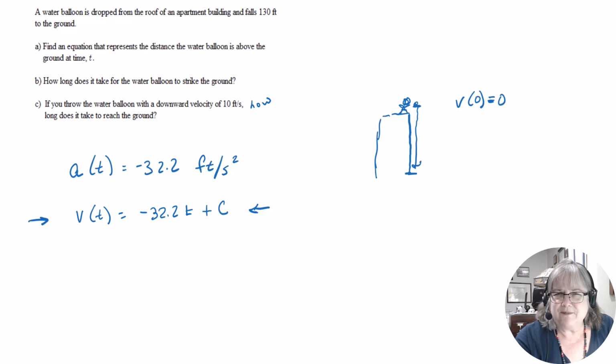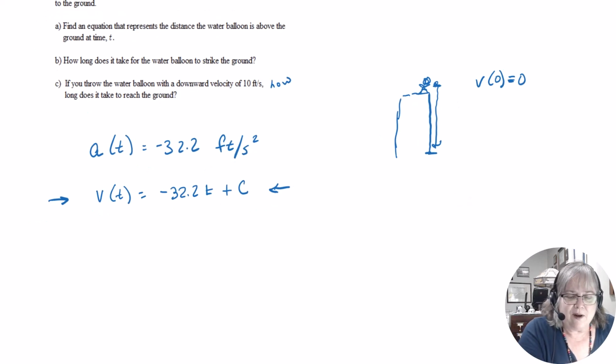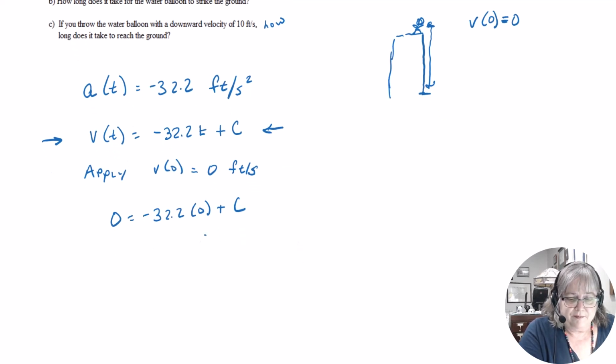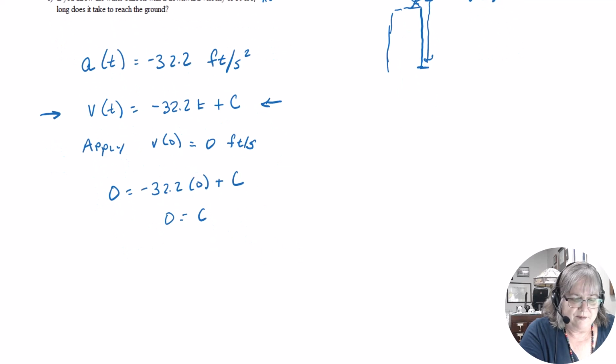Make sense? Okay, so I'm going to apply the fact that at the instant I let go, the velocity at time 0 is 0 feet per second. So 0 is equal to minus 32.2 times 0 plus c. So c is equal to 0. So my velocity is minus 32.2t.